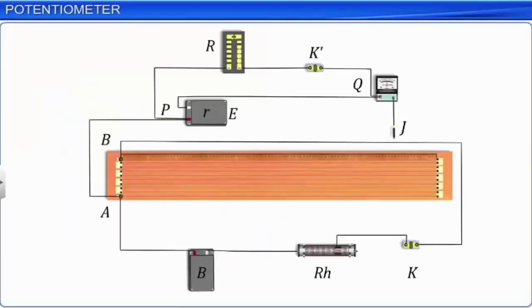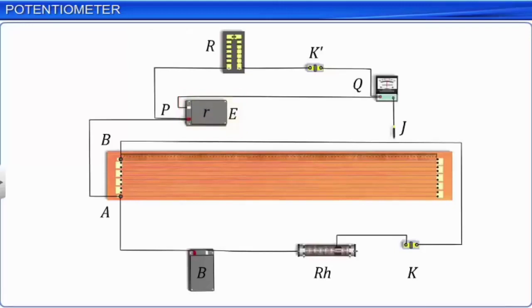Now, let us learn to find the internal resistance of a given cell using a potentiometer. The arrangement to measure the internal resistance of a cell using a potentiometer is shown. In this case, a cell of EMF E and internal resistance r is connected across points P and Q in the secondary circuit.